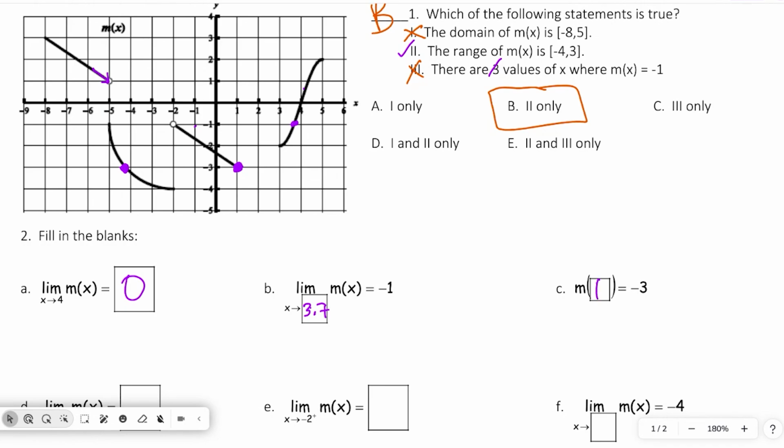We're not talking limits here, so we don't need to be worrying about approaching it from either side. And then it looks like the other one is over here, in between -4 and -5. I'm going to call that -4.2. So I guess maybe a better way of saying that would be m of -4.2 is approximately -3.